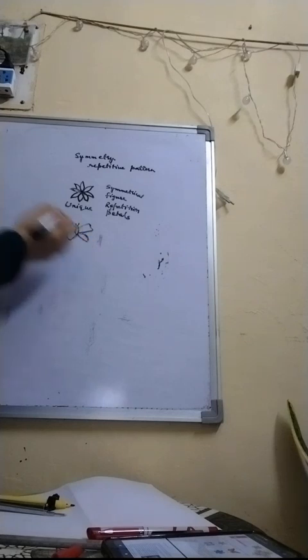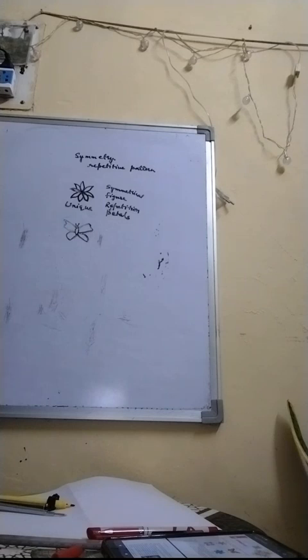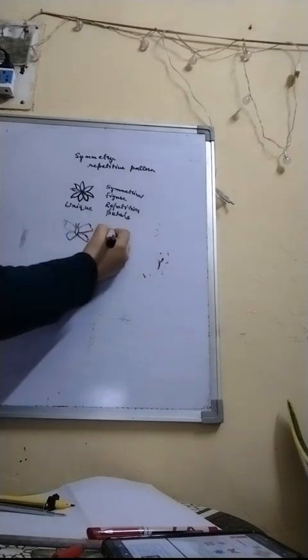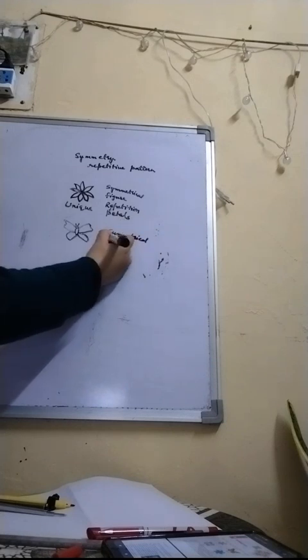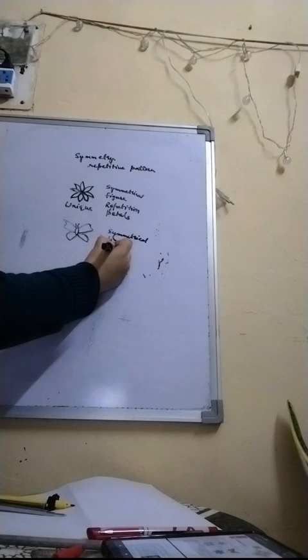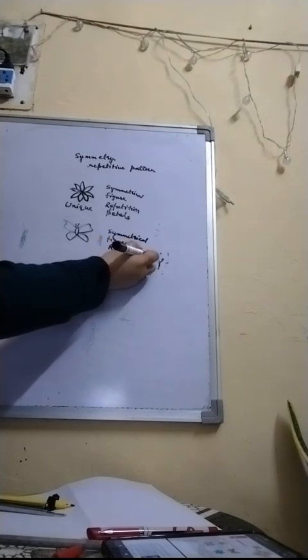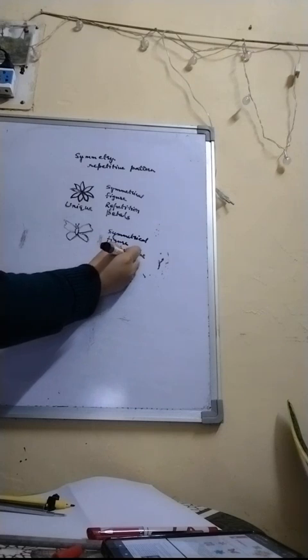So you can say that this is also a symmetrical figure. Again, a repetitive pattern. So whenever there is a repetitive pattern of some sort, you say that it is a symmetrical figure.